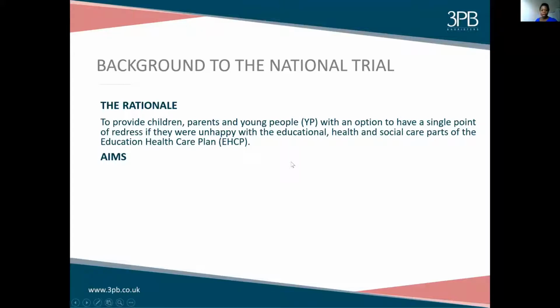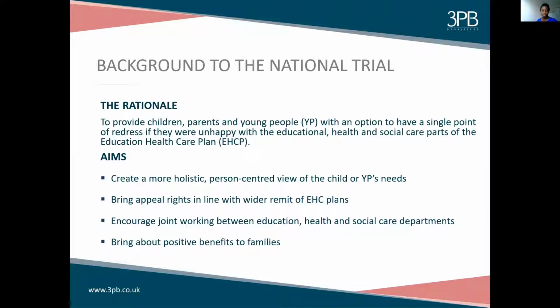So if we're looking at what the aims for the national trial were, one of the stated aims was to create what we call a more holistic view of the child or young person's needs. So it was to draw up a complete picture of needs. It was also set to unify appeal rights.